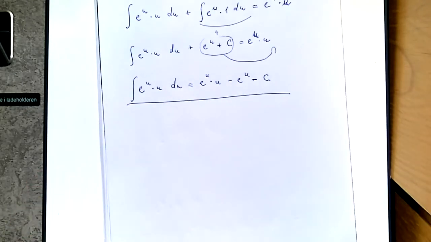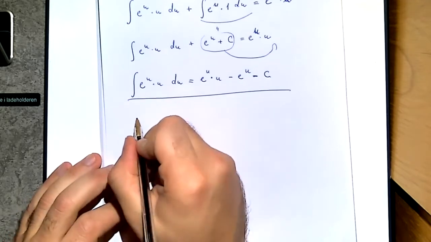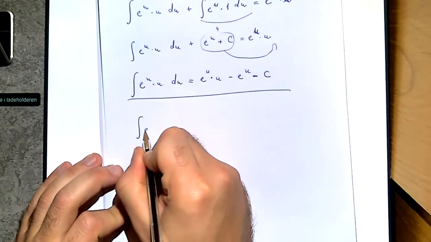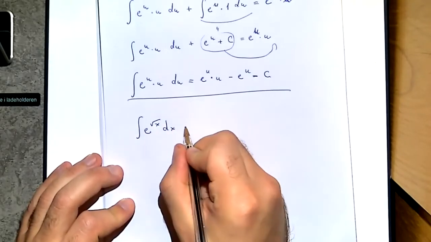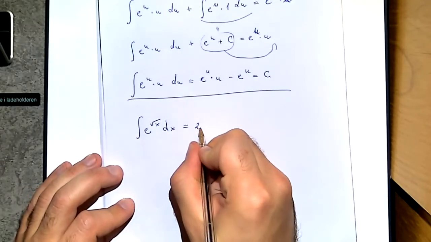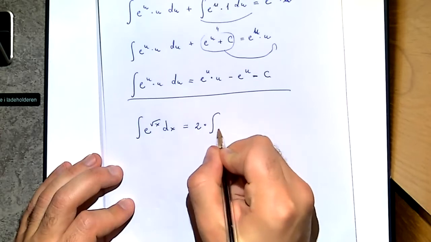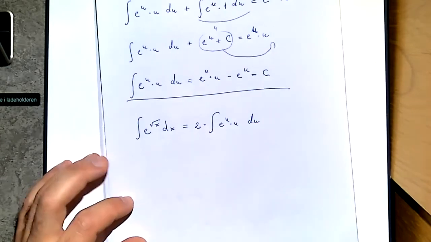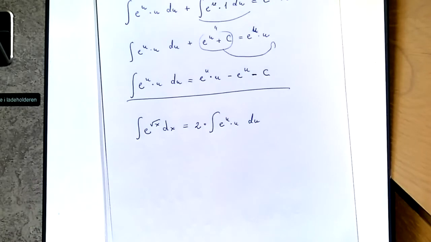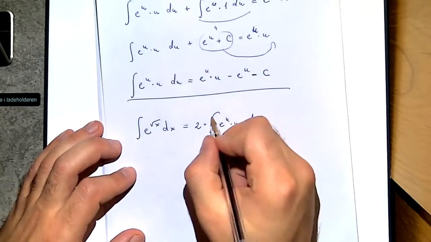So now I got to move all the way back. What was it? My integral of e^(square root of x) dx was equal to 2 multiplied by integral e^u multiplied by u du. Okay, this is what I got after applying the substitution. And now I have finally computed this thing.